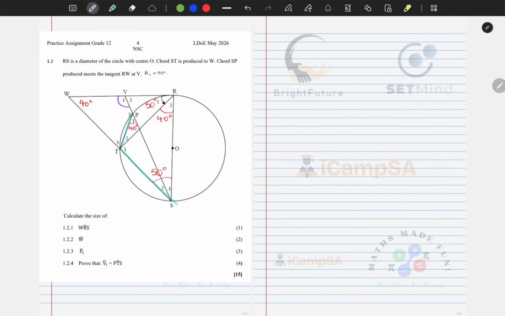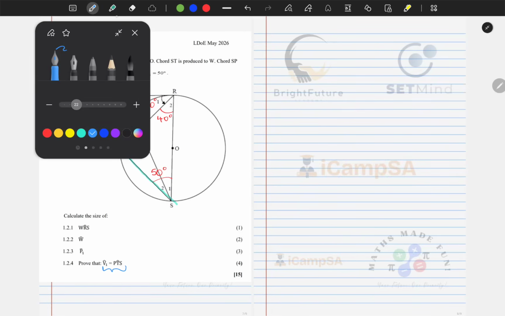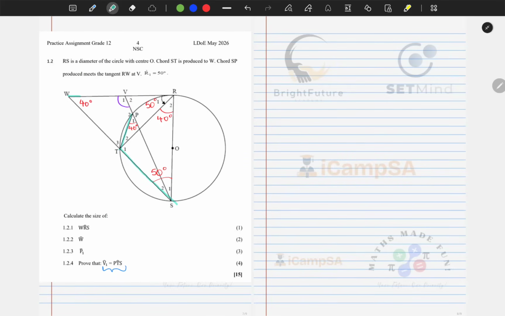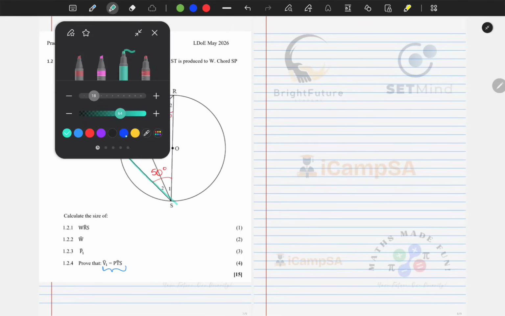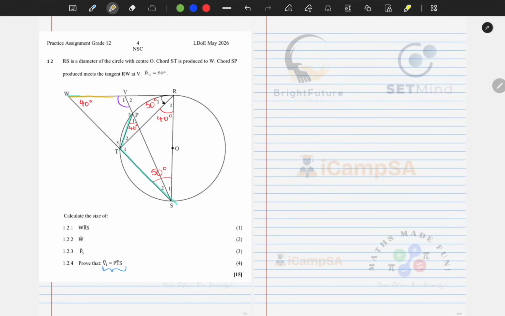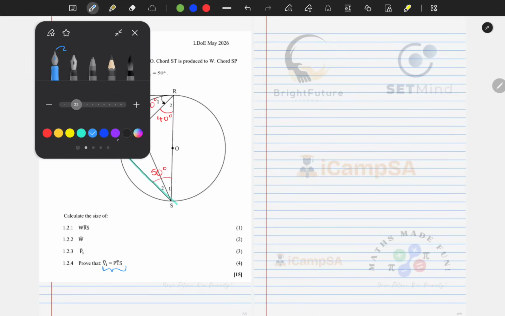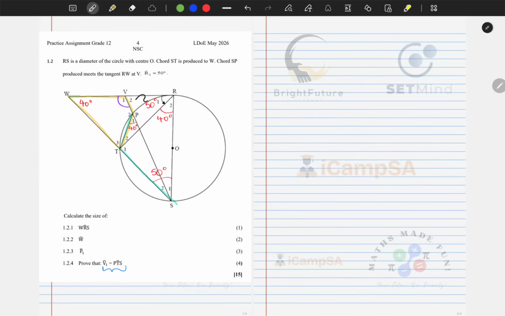So let's go ahead and see how we can find this relationship here. What we can easily see is that because of V1, we need to work with this quadrilateral. Okay, and if you observe carefully, we need to find P2. Angle P2 plus angle P1 should be 180 degrees.